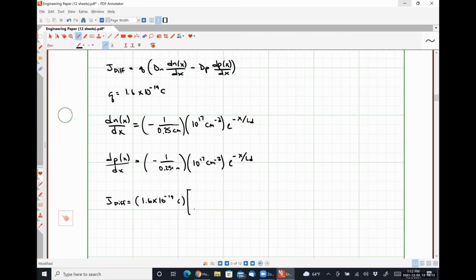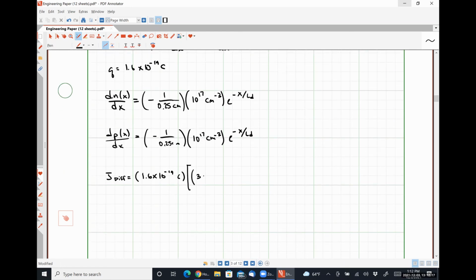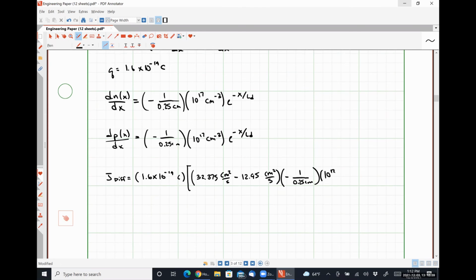And so I'll get, let's see, 32.375 centimeters squared per second minus 12.95 centimeters squared per second multiplied by that negative 1 over 0.25 centimeters, 10 to the 17 centimeters to the minus 3, e to the negative x over LD.